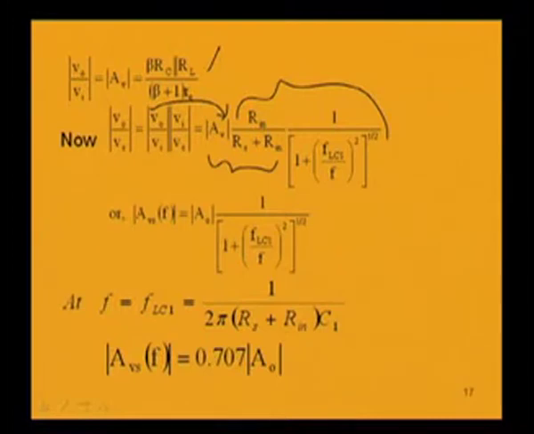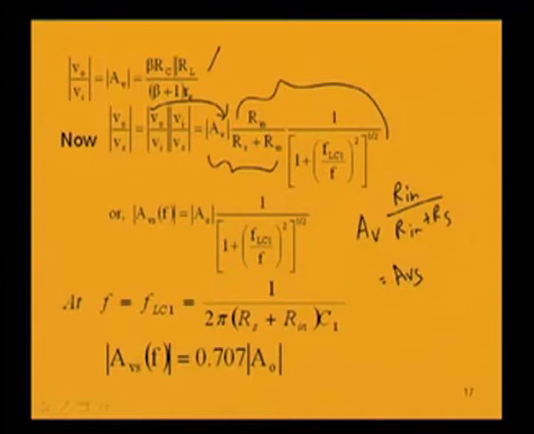Or I can write this V naught by Vs as AV as a function of F, considering the frequency. So, now we can write it as A naught into 1 by (1 plus (FLC1 by F) whole square) to the power half, because AV into Rin by Rin plus Rs is nothing but AVS, that is the mid frequency range overall voltage gain without considering capacitance.